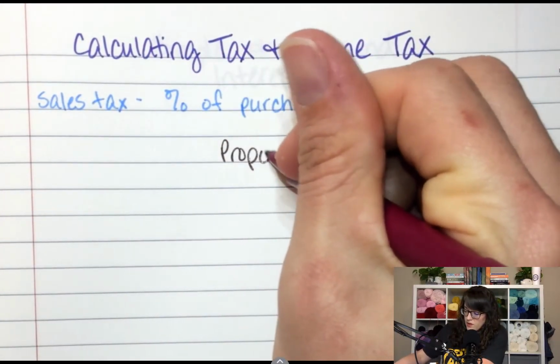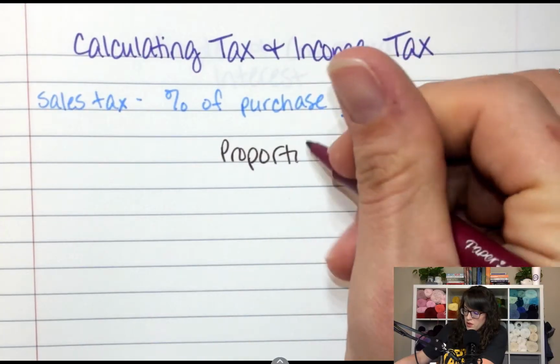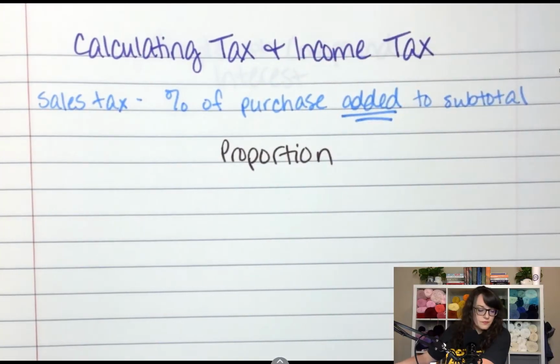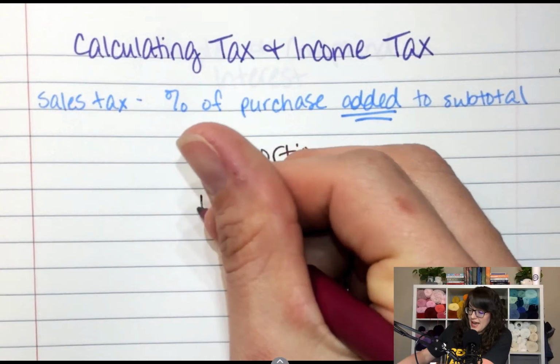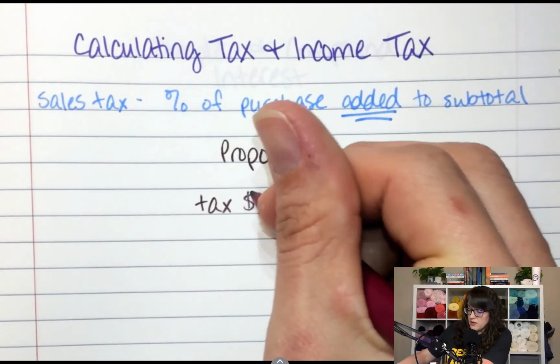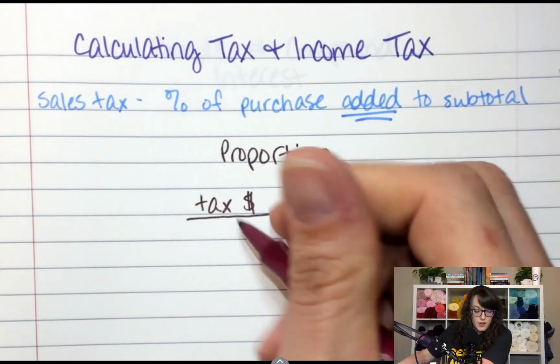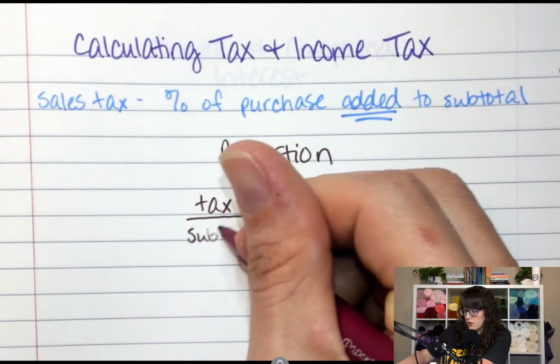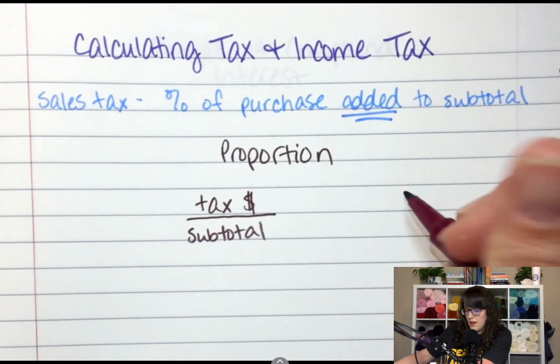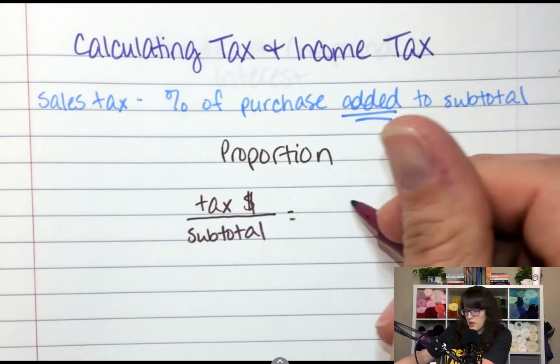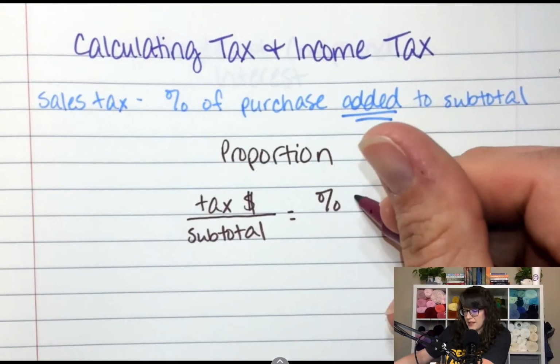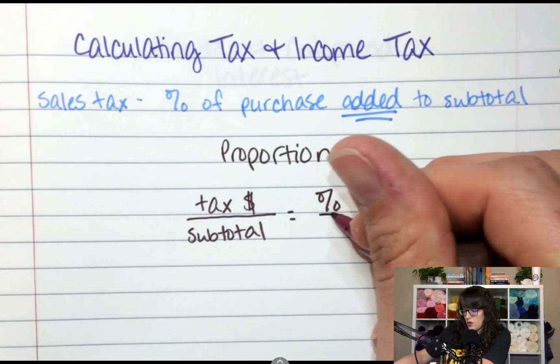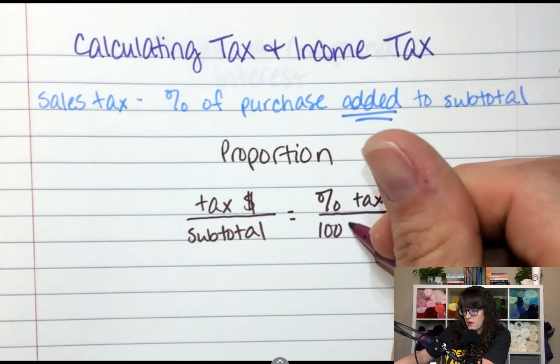So quick review, proportion. The tax money would go over your subtotal, and that would be equal to the percent of tax over 100%.